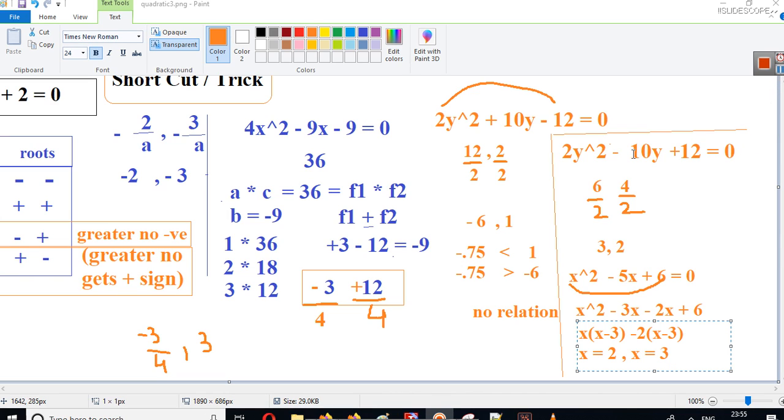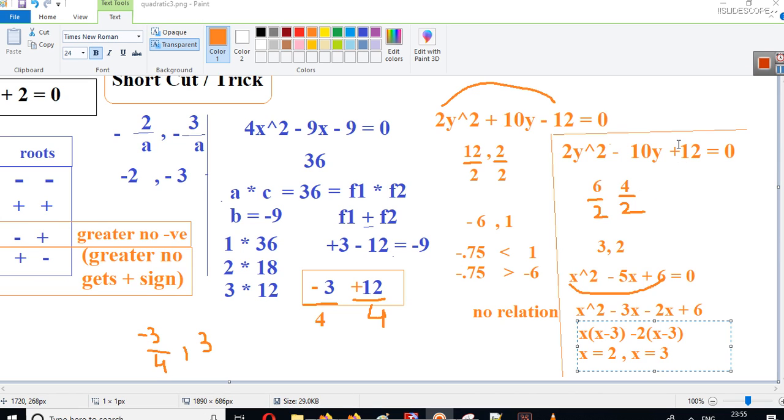So when it comes to equations like this where b is negative, you just have to find the numbers which have a sum of this and which have a multiplication of a and c. 6 into 4 is 24. It has the same multiplication value as a and c, and it has a sum of this.